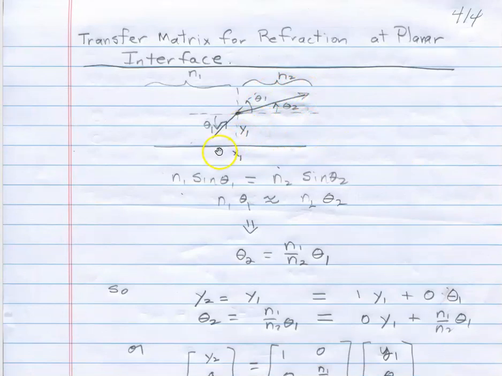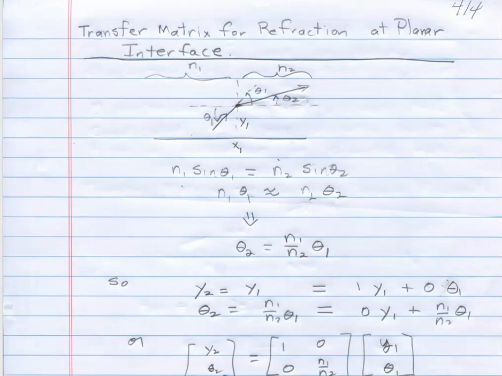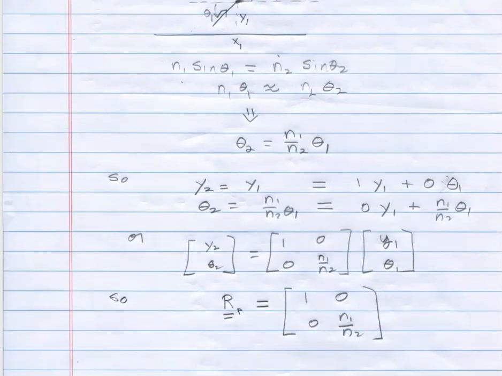And I know from Snell's law that n1 sine theta 1 has got to be equal to n2 times sine theta 2. Again, use the small angle approximation. Sine of the angle is approximately equal to the angle. And then I can solve this for theta 2 as a function of theta 1.